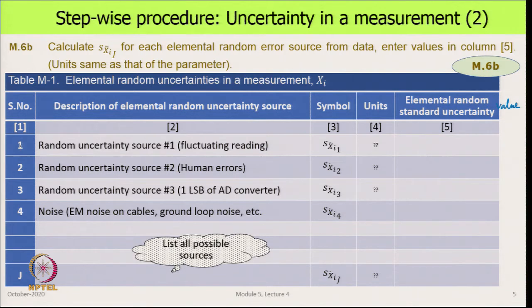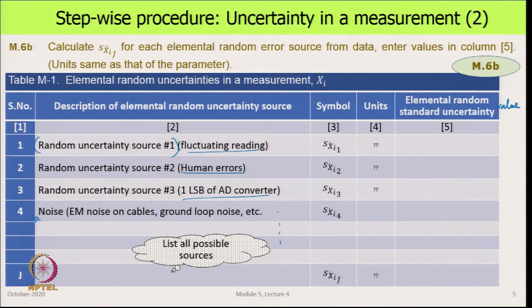We have to list as many random uncertainty errors as we have: random uncertainty source number 1, number 2, number 3, and like that we can keep on adding. Instead of this we will actually write that there is random error coming in due to something, say fluctuating readings, or human errors, or one least significant bit of the A to D converter, noise, all of that.